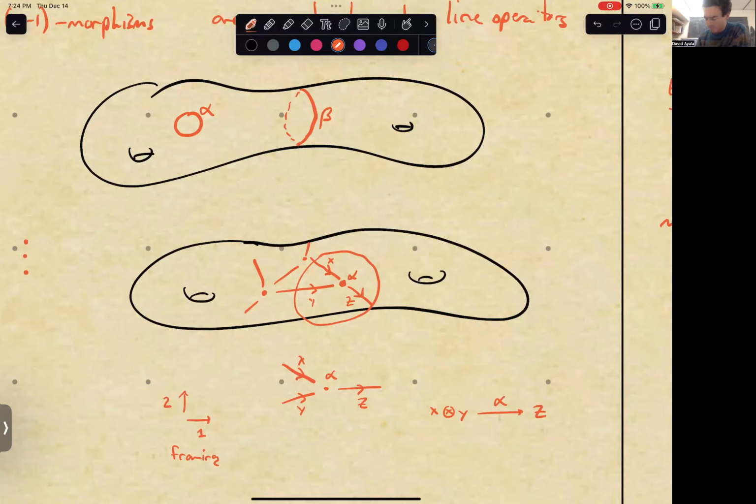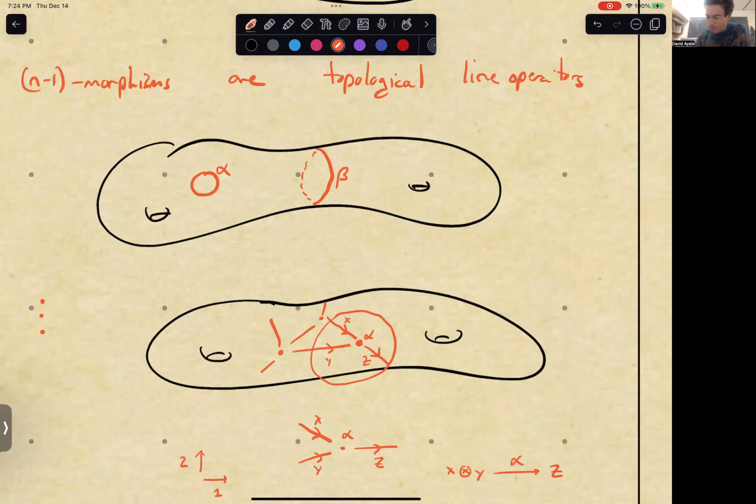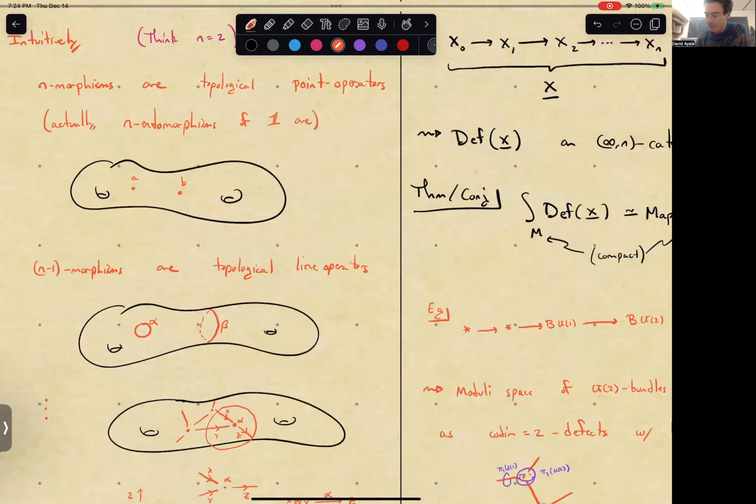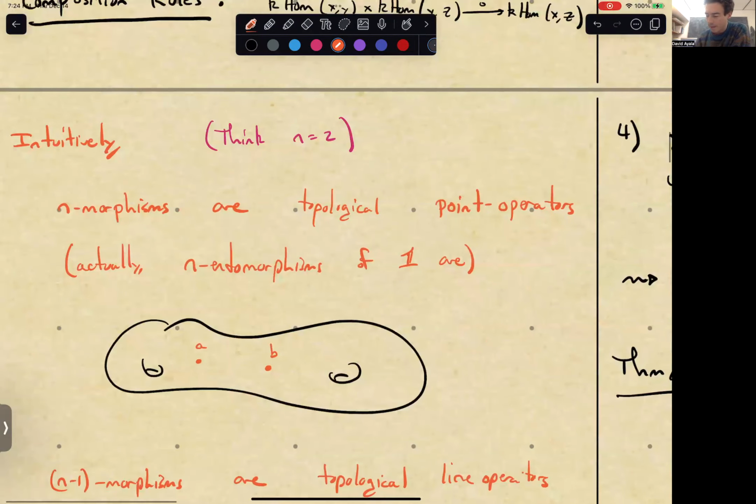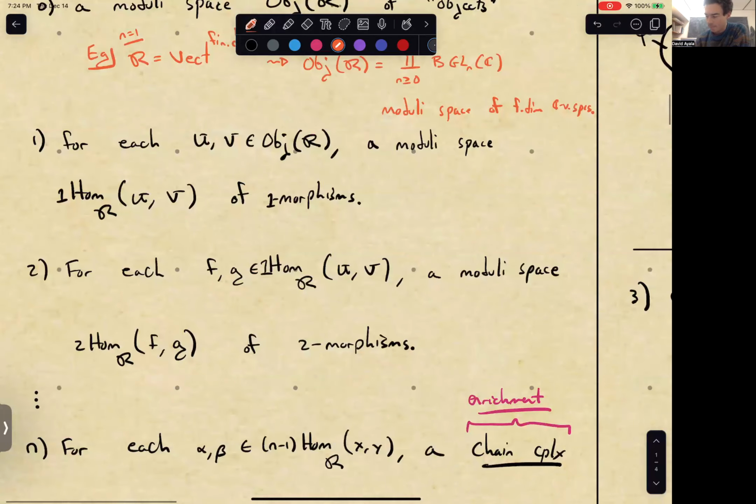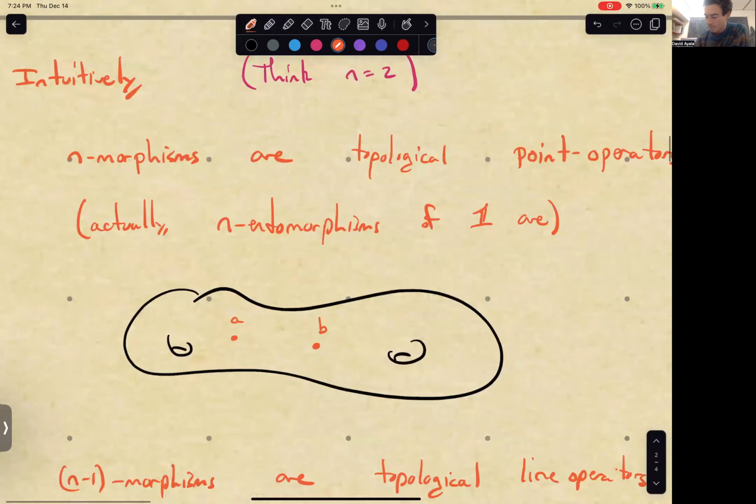So what I'm indicating here is intuitively how to think of an n category in terms of topological operators on a manifold. So you're suggesting that this framing tells you the order of the tensor product.